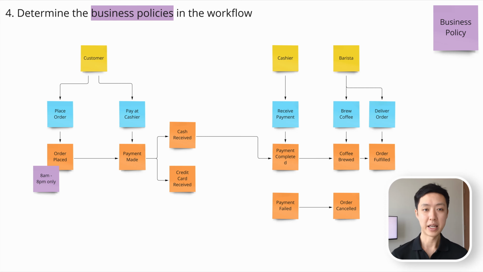We also have rules in our cafe. For example, we may need to open the shop for the morning crowd at 8 a.m. so we can serve our first customers early, starting at that time. And of course, we may have other minute policies such as, we always give a napkin or serve our coffee with a cup of water. In event storming, we model these policies that may influence the progression of domain events as business policies.